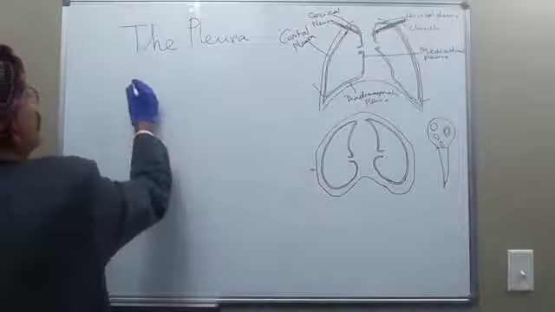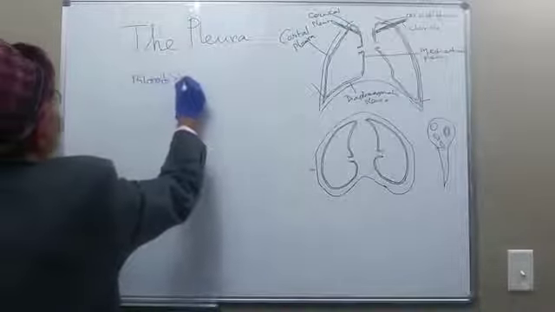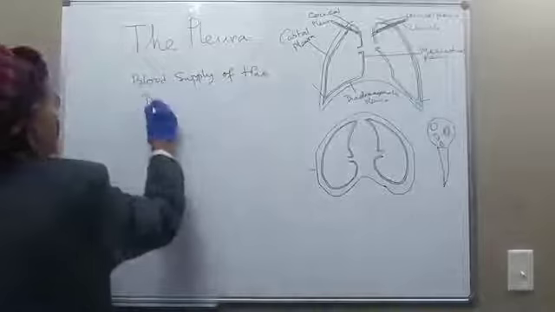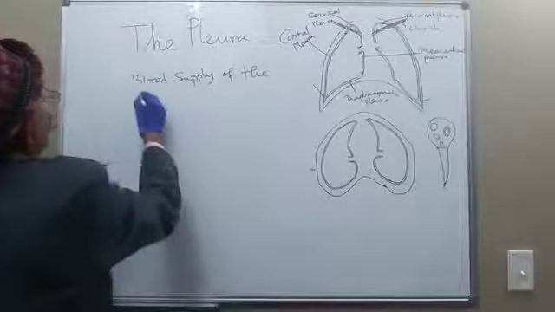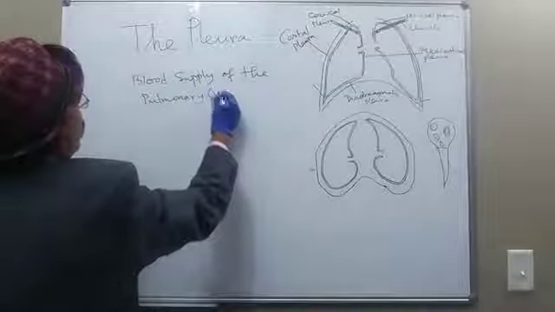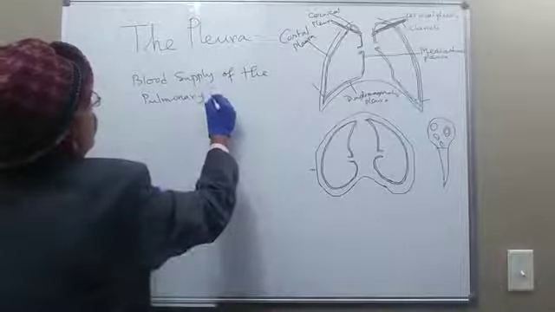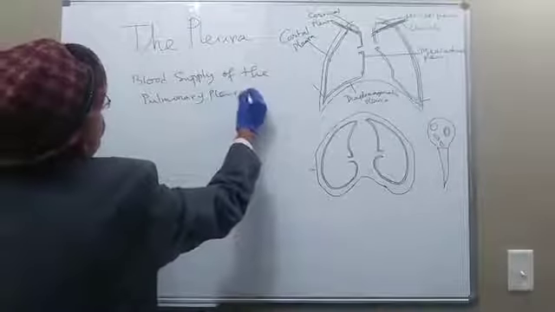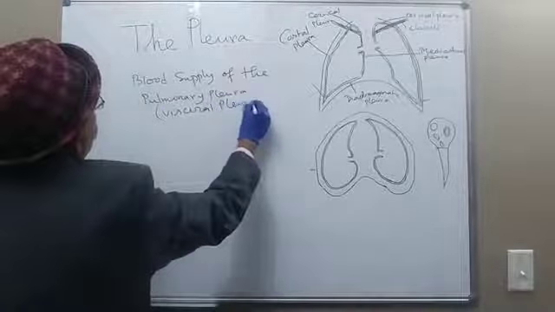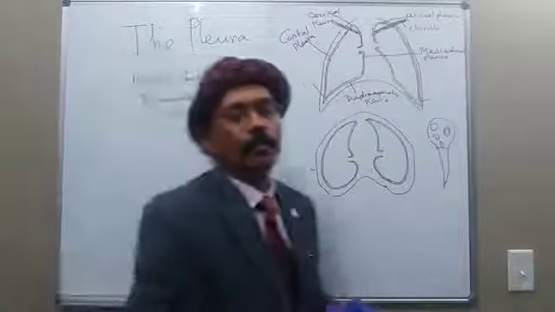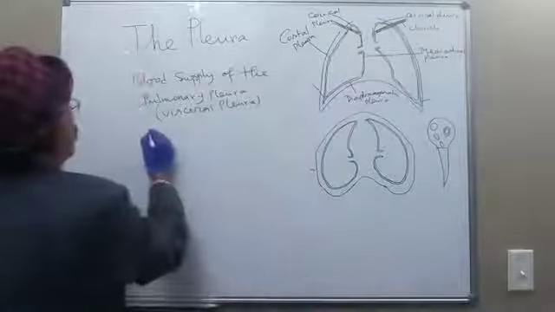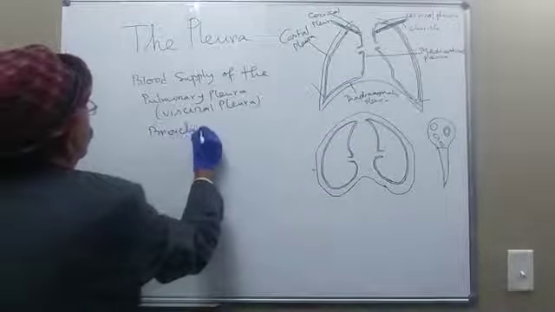Let's go to the blood supply of the pulmonary pleura, or visceral pleura. What is the blood supply? Blood supply is from the bronchial arteries.